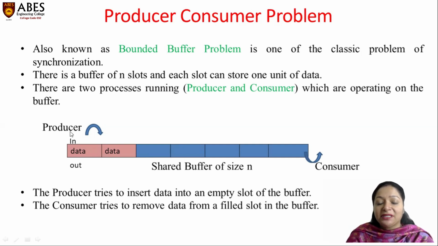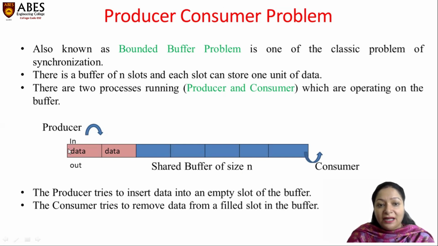The producer produces data items and puts them in each slot of the buffer one at a time, and the consumer consumes one item from each slot. The producer tries to insert data when there is an empty slot in the buffer, and the consumer tries to consume or remove data from a filled slot in the buffer.